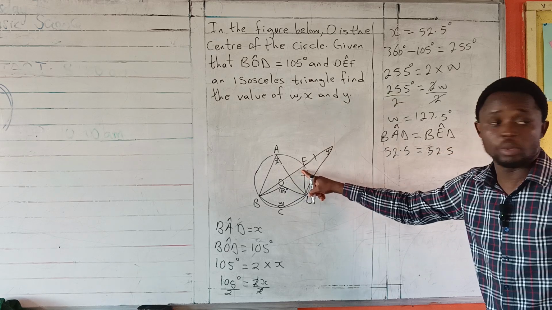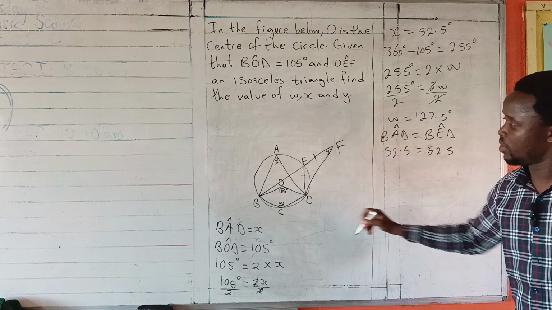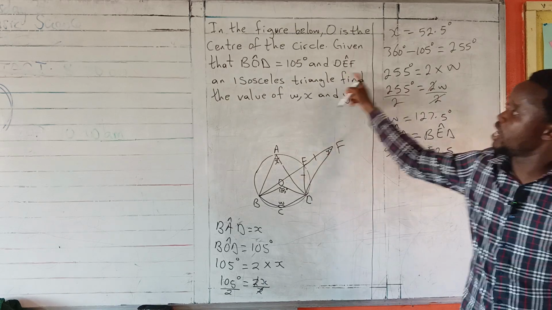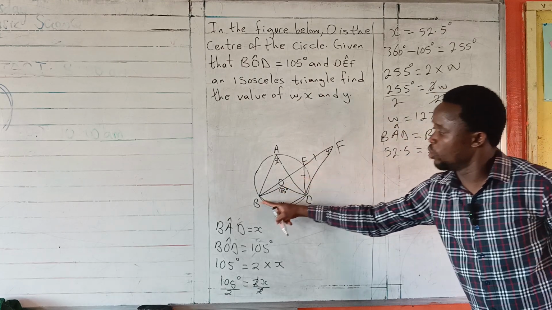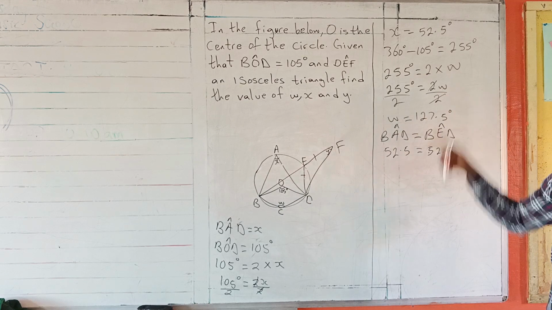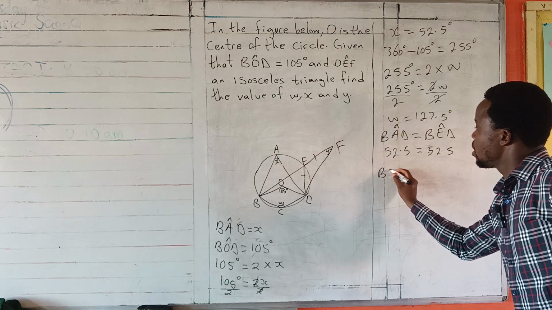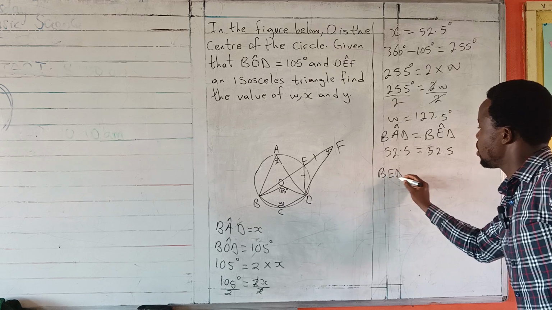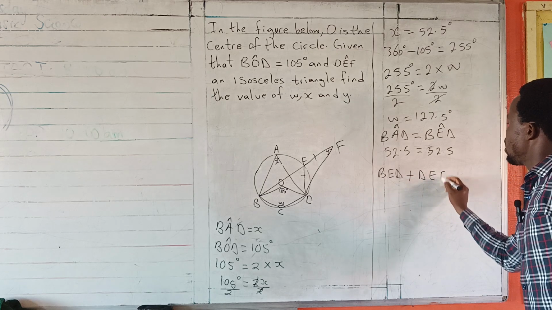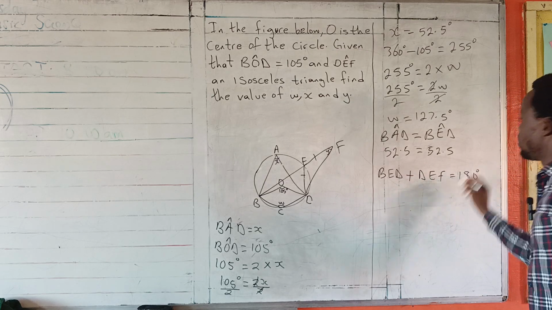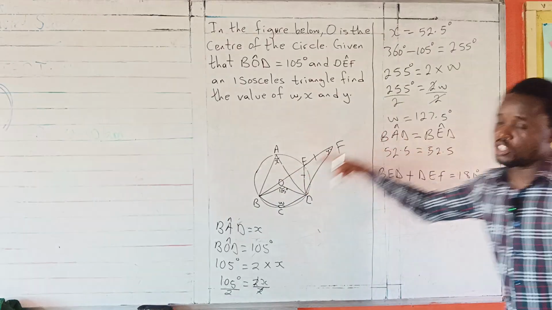So BED is 52.5, and remember they said DEF is an isosceles triangle. BED plus DEF equals 180 degrees, because they are on a straight line.